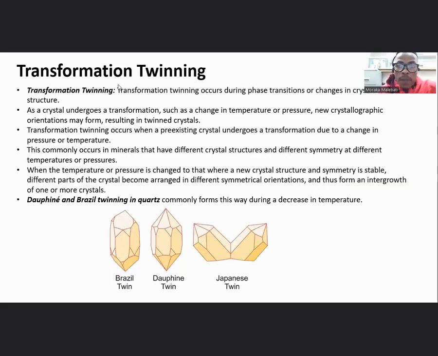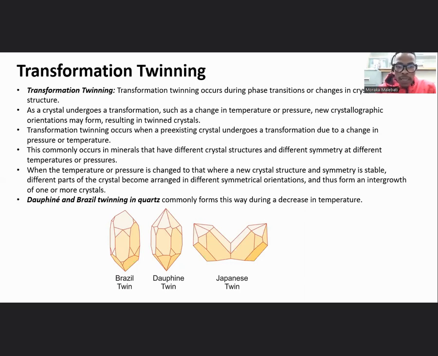Now the transformational twinning is a type of twinning that occurs during the phase transformation in the crystal structure. So as the crystal is undergoing what you call the transformation, such as a change in the temperature or the pressure, a new crystallographic orientation may form, resulting in twinned crystals.